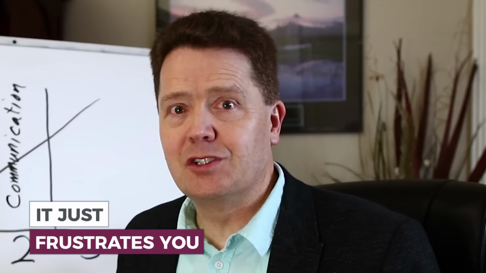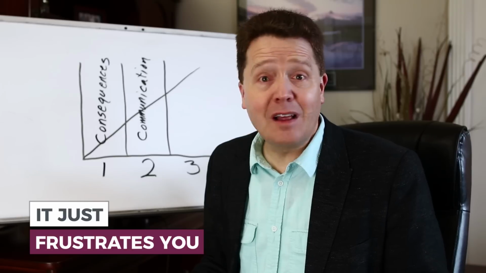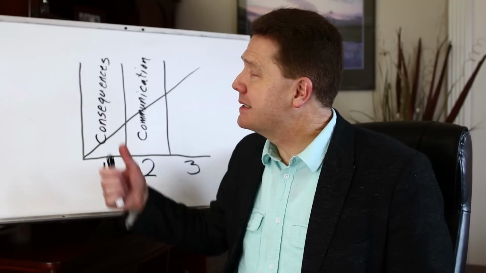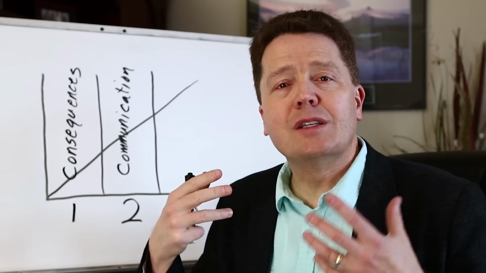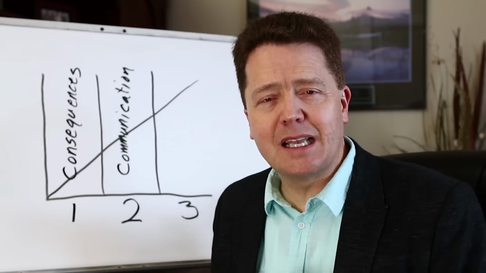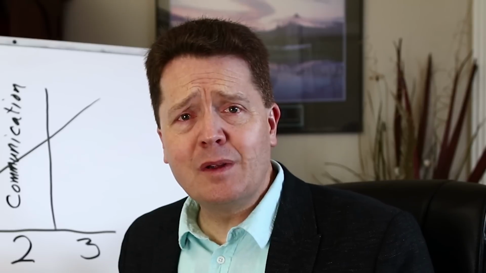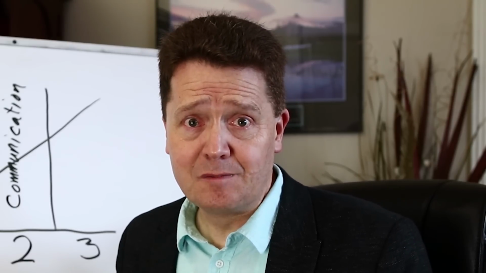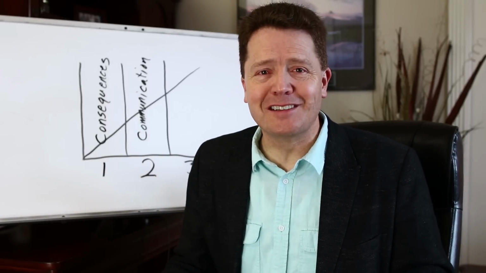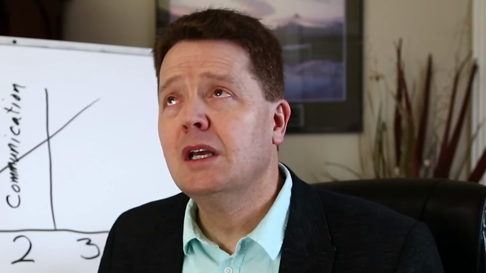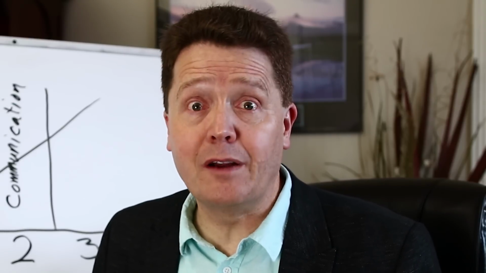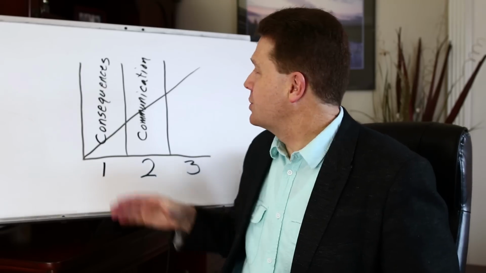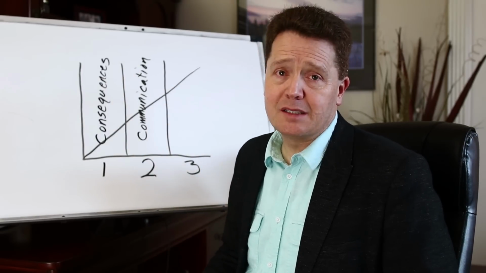It just frustrates you and makes the pig mad. They're not listening at stage 1. Stage 2, they are. So you can start to have conversations that sound like, hey, buddy, we need to not fight with your younger brothers and sisters. And you'll get a response that looks something like, I know, I'm just so frustrated, or whatever, right? They're going to talk to you. So communication comes in at stage 2.